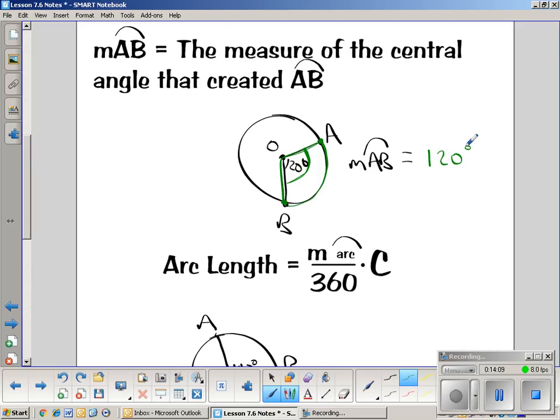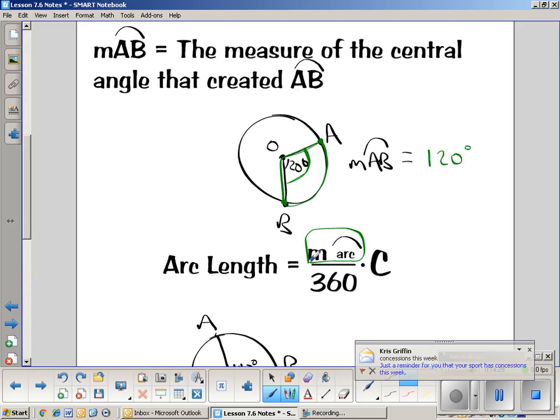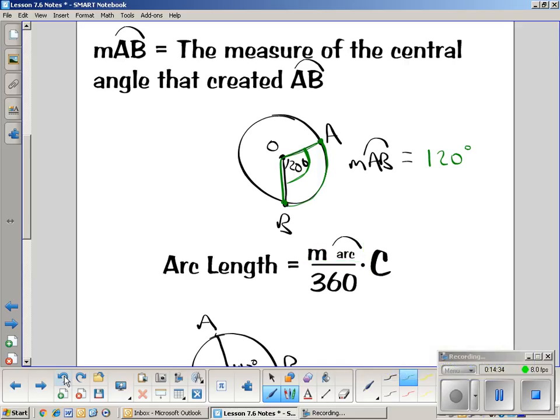Now the length of the arc is a little more involved. There's no great way to label this, so what I'm trying to say here in this part of the picture is that the measure of whatever the arc is, I don't know what it is. It's hard to put a variable in that place. So I just wrote the word arc in there small. Okay? So I'm saying the arc length is equal to the measure of the arc divided by 360 times C. What's C stand for, you think?